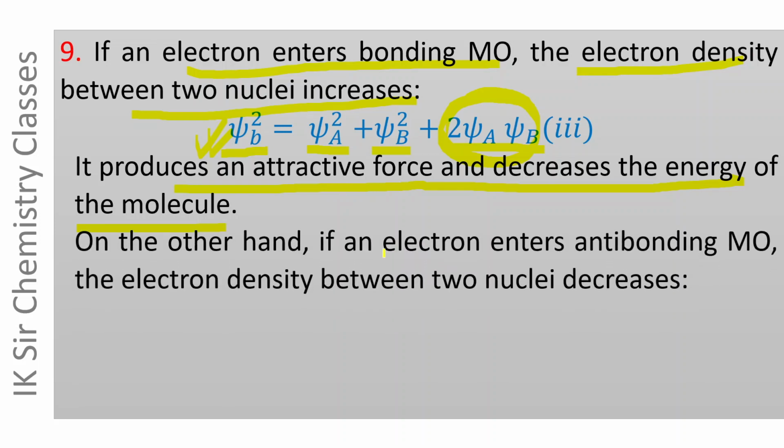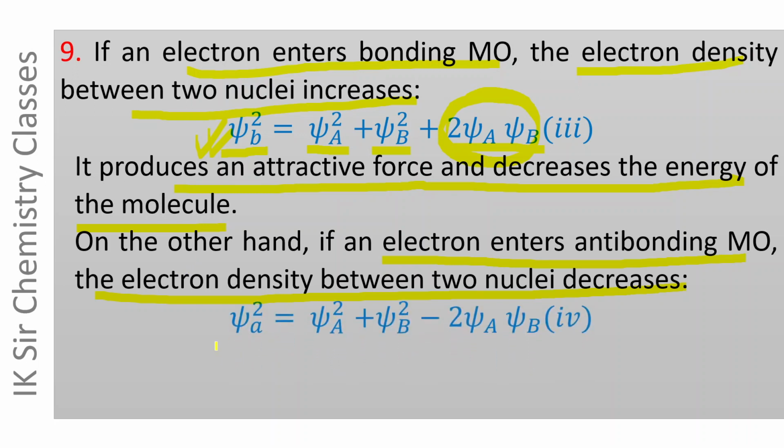On the other hand, if an electron enters anti-bonding MO, the electron density between two nuclei decreases. On squaring equation 2 on both the sides, we have psi a square is equal to psi a square plus psi b square minus 2 psi a psi b. If an electron enters anti-bonding MO, the electron density between two nuclei decreases by this amount.